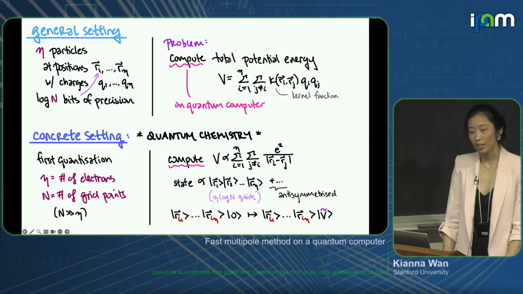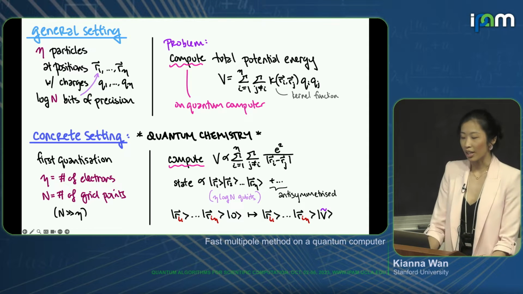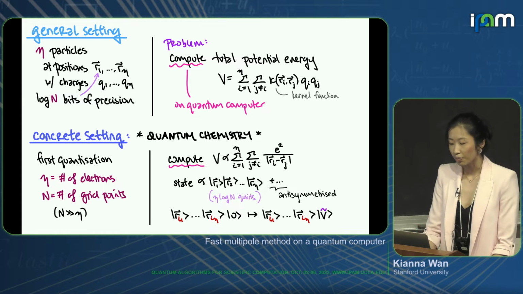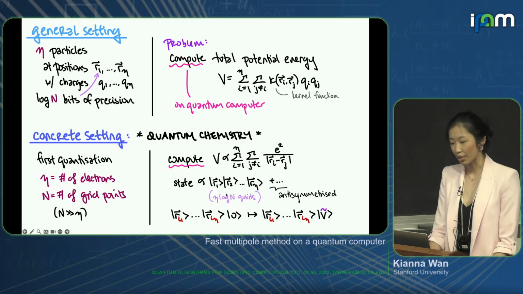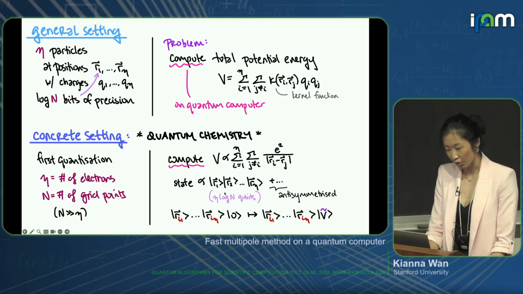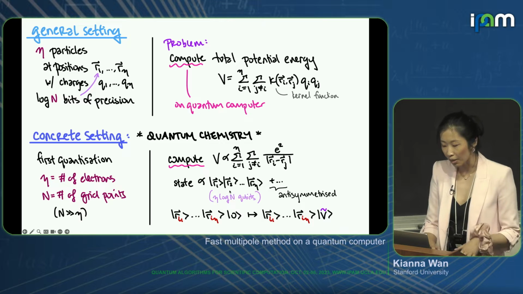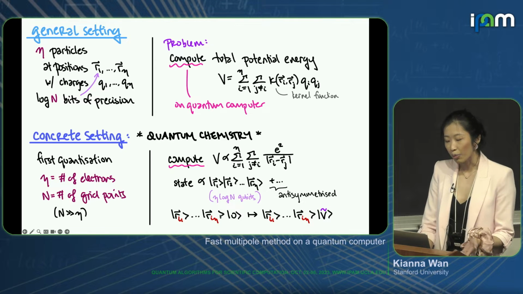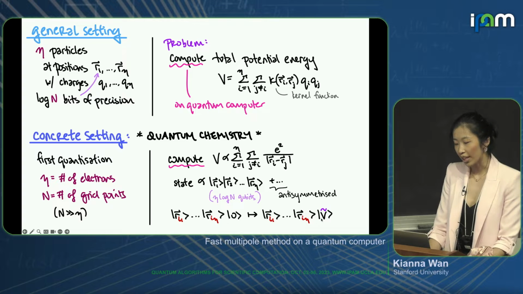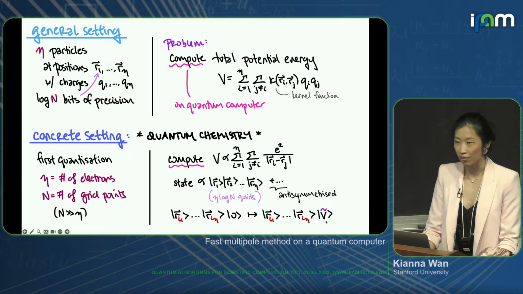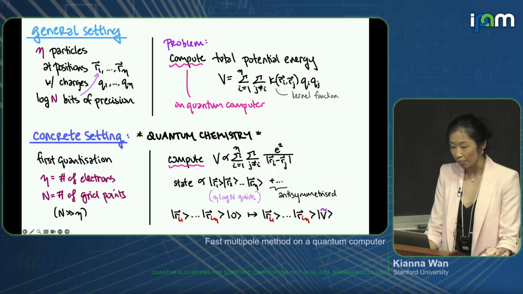Okay, so now more explicitly, what do we mean by computing V on a quantum computer? Well, since we're in first quantization, the state of the electrons will be this anti-symmetrized superposition over their positions like R1 to R eta. And basically, we want to implement a unitary which, given any set of positions and an ancilla register initialized to 0, computes V, or at least some approximation of V, into the ancilla register.